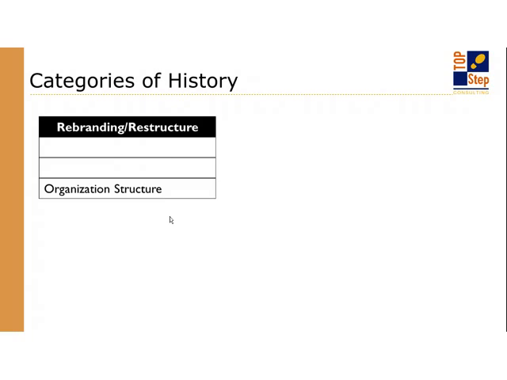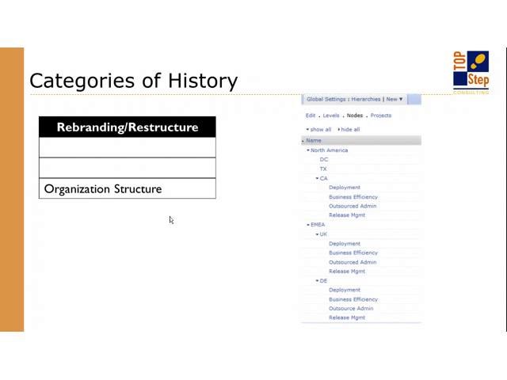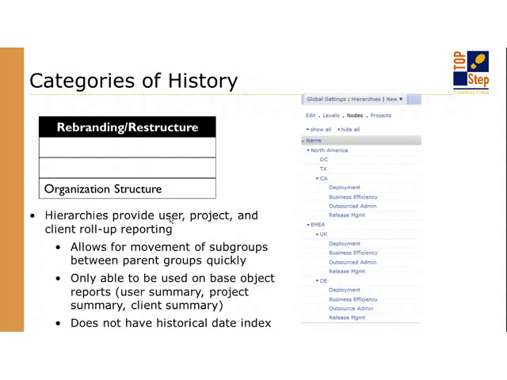And the last is organization structure. So this really can be handled in two different ways depending on what is actually changing in the organization structure. So let's talk about one term called hierarchies. Okay? You can have hierarchies for users, projects, or clients, and they're usually done by either geography or maybe subsidiary or maybe a line of business.